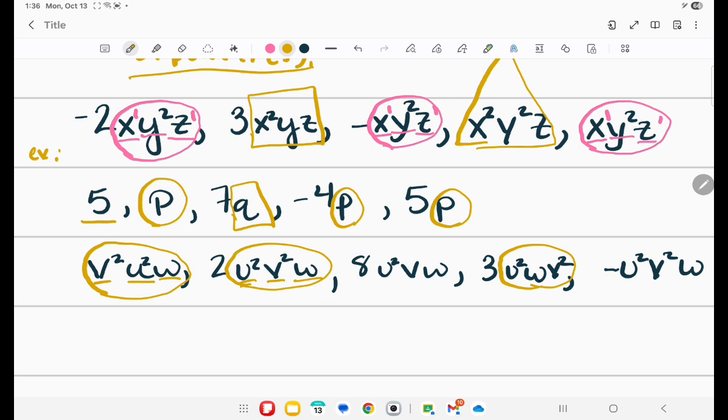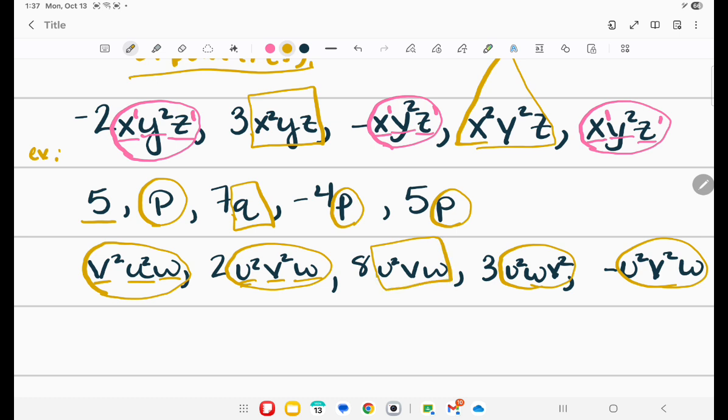U squared, V squared, W. I see it. Is there another one? It is. These are all like terms. You just cared that they had the same variable with the exact same exponent. It doesn't matter the order. And then put a box around this one because it wouldn't have anybody.